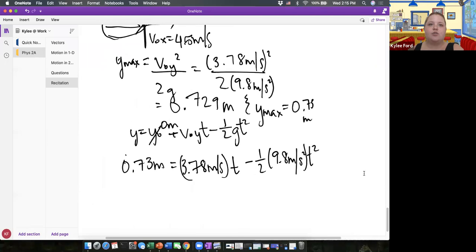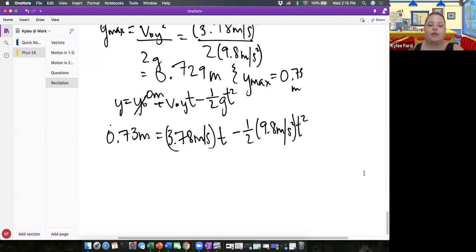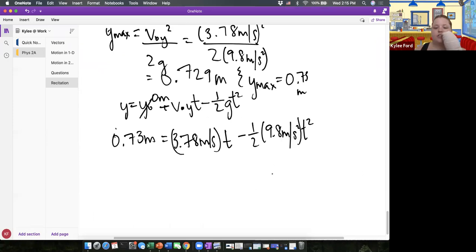Okay. So as you may notice, we now have a quadratic equation. So we're gonna need to use the quadratic formula, because we have an equation that has quadratics in it. Okay, so let me go ahead and move some stuff around just to make it more pleasing to the eye, I guess.